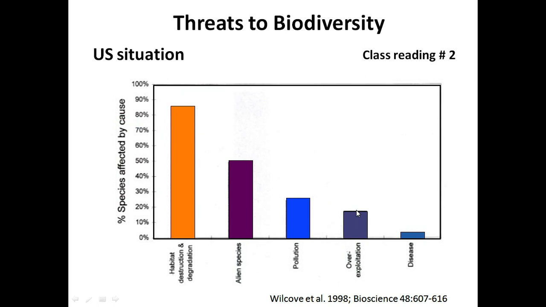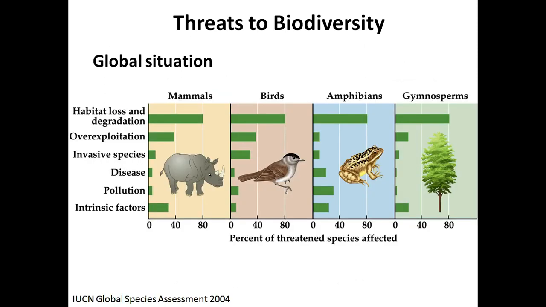So what's going on on the global scale? This graph summarizes 6 threats across 4 different taxa: amphibians, birds, mammals, and gymnosperms. These are flowering plants. And the y-axis is the percent of threatened species affected by this particular threat.